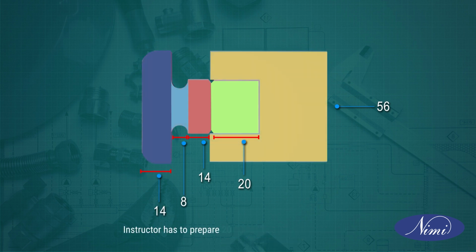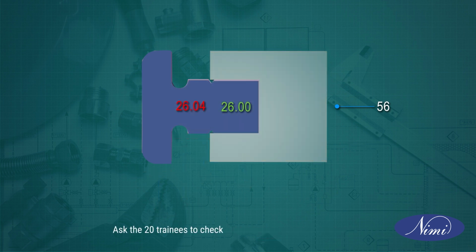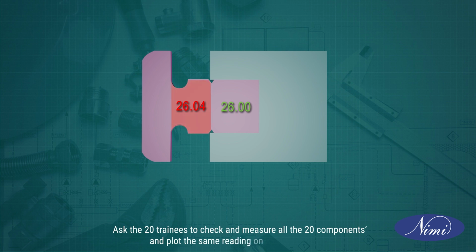Instructor has to prepare 20 components as per the drawing and keep them ready. Ask the 20 trainees to check and measure all the 20 components and plot the same reading on the control chart.